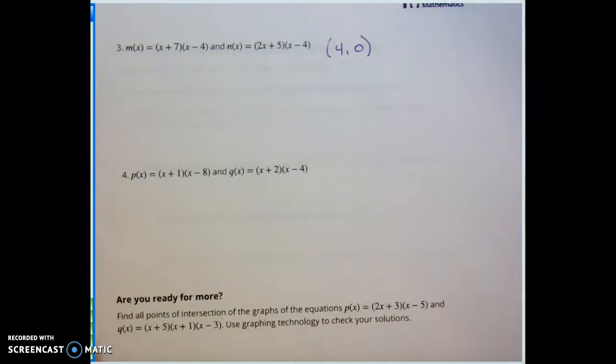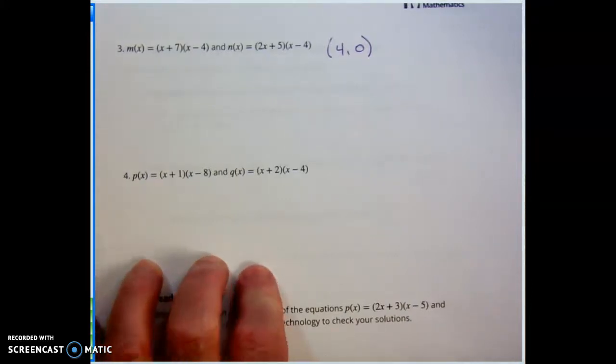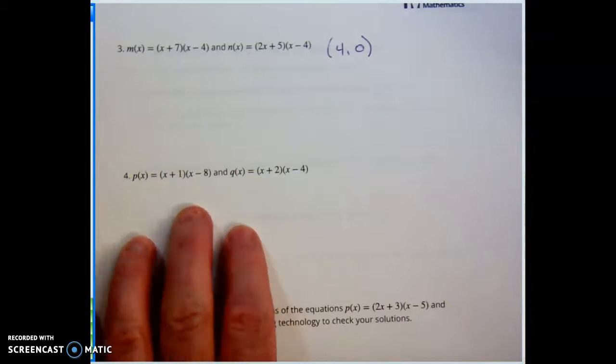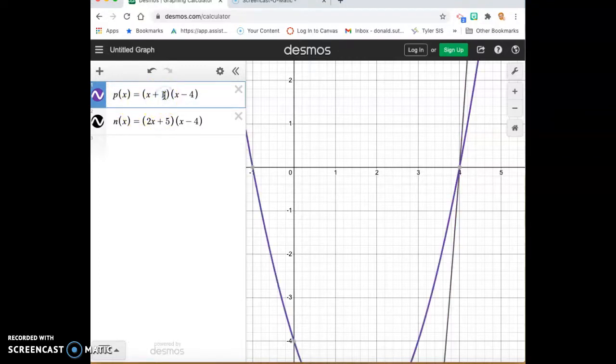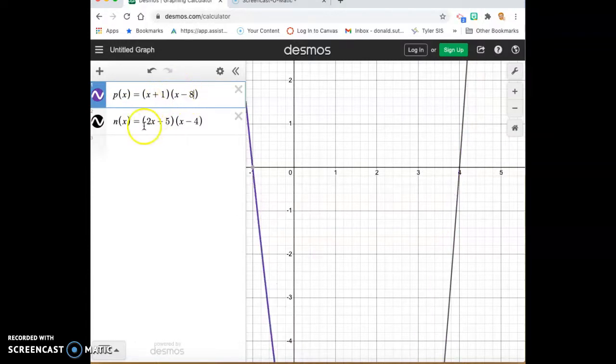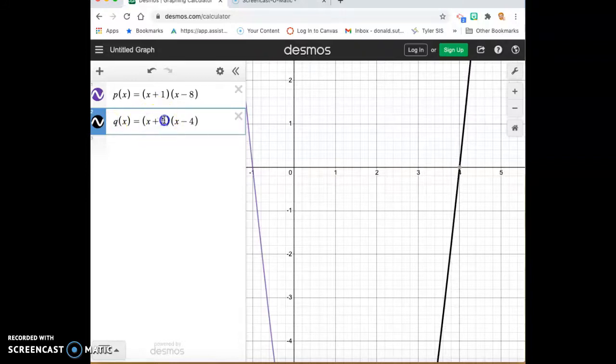All right. This last one, again, I would probably just go with graphing it. I don't think you have to do anything big here. So we had P of x, P of x is x plus 1 times x minus 8. And then we had Q of x is x plus 2 and x minus 4.